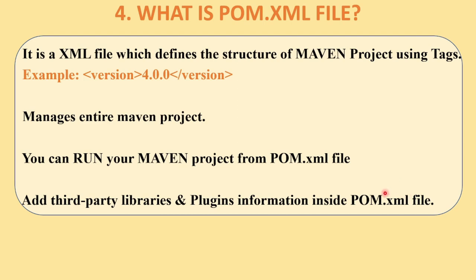You can just add their dependency inside the pom.xml file. So that in future, even after 10 years, if you work on the same project, Maven will take care of everything. Dependencies will get upgraded. You don't have to download the new jar file and add it inside your project, or download a new database connector file and add it inside your project. You don't have to do those things.